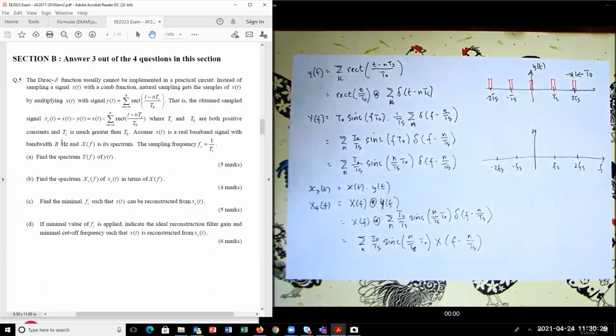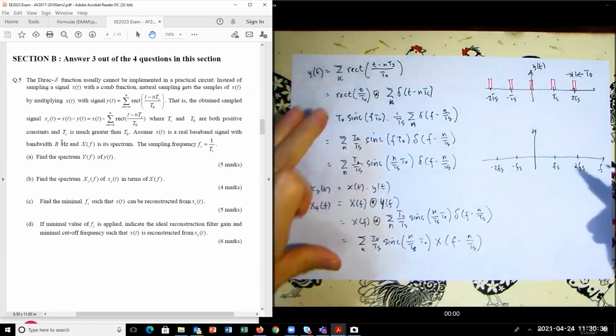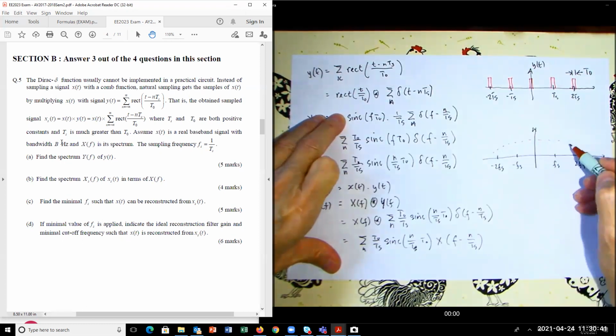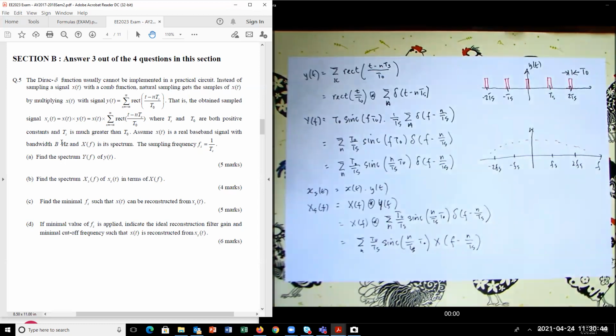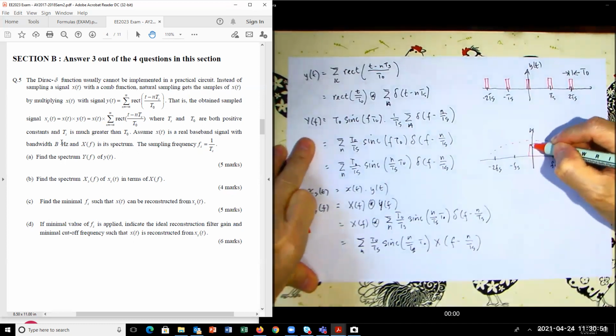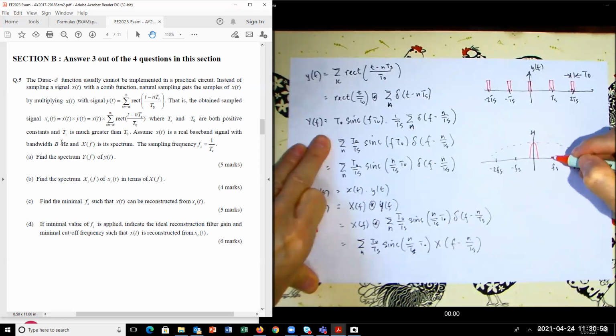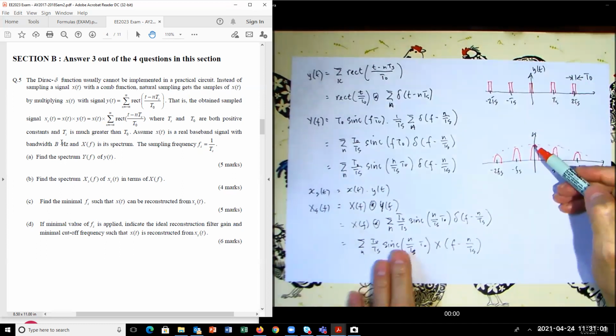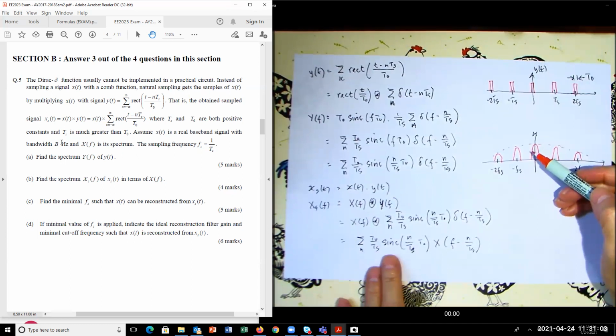You have this sinc function, which is like an envelope. Let me draw it this way, because it's supposed to be much bigger. That's the main lobe. And then whatever is XF is replicated. So you have that, this replicated. The height of this is controlled by T naught over Ts times sinc of this.